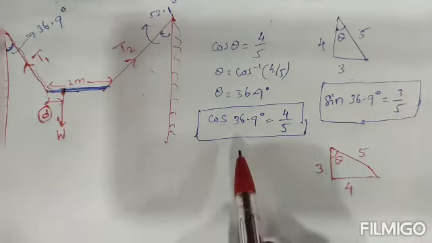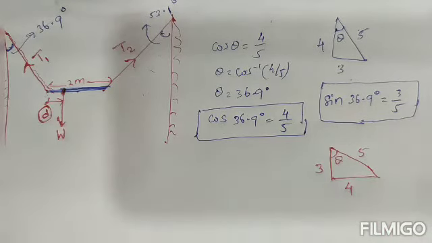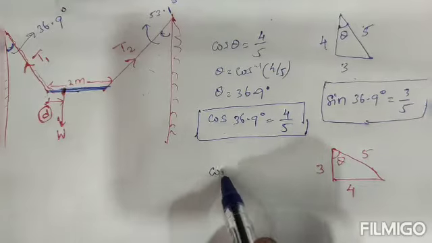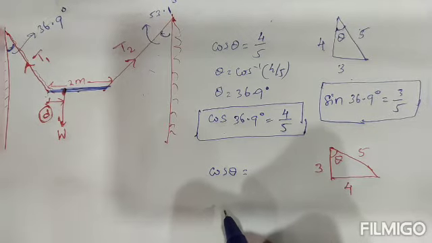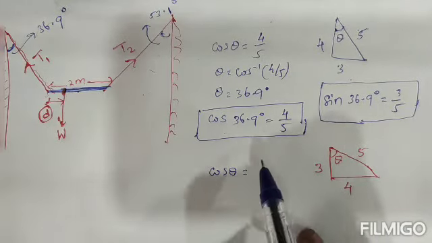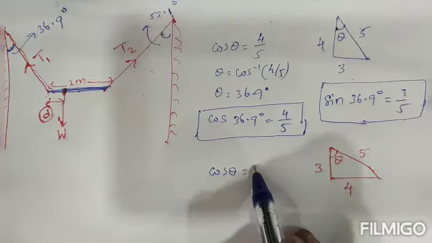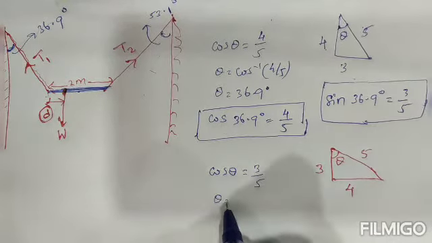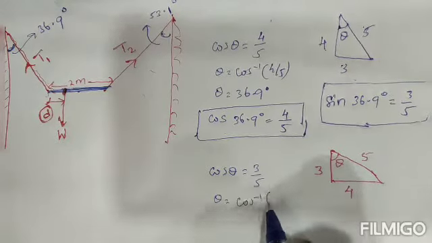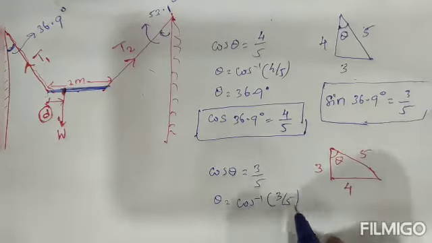Okay, so with the same idea, here we can write cos theta is equal to adjacent divided by hypotenuse. So here adjacent is 3, hypotenuse 5. So theta is equal to cos inverse of 3 by 5.